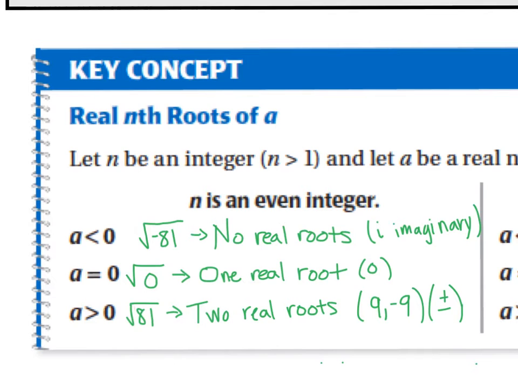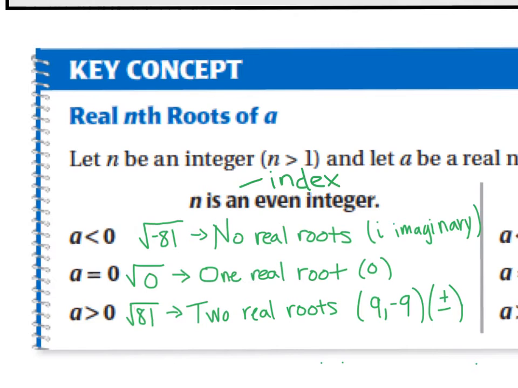That means if n, your index, is an even integer, like the square root of -81, that would be the second root of -81. So we have 2 numbers that multiply, and it has to be the same number. It can't be a positive and a negative. It's 2 positives or 2 negatives. So never in our lifetime can we multiply 2 negatives or 2 positives together and get a negative value.